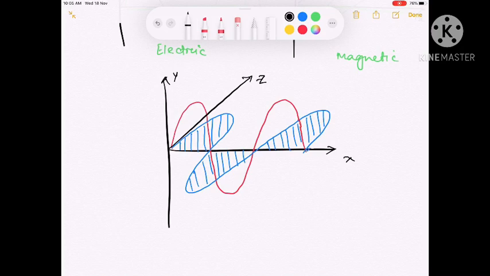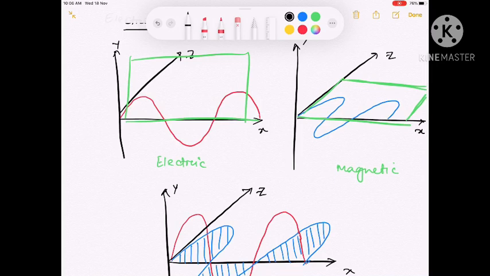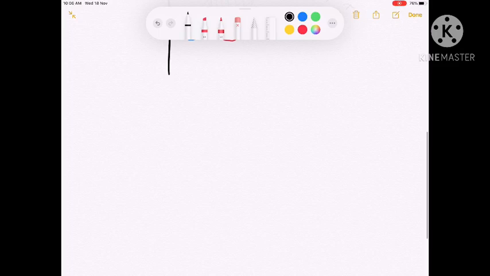Initially I have drawn both these graphs separately. This is in the horizontal plane, this is in the vertical plane. This is a complete wave.